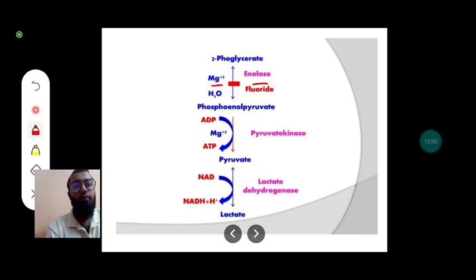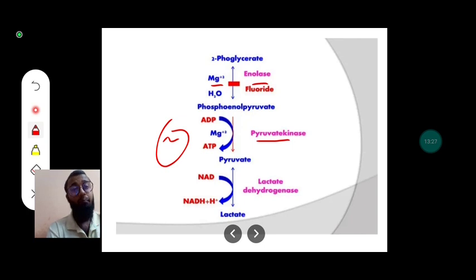The phosphoenol pyruvate is then converted to the last product, or you can call the second last product in the anaerobic reaction, but the last product in the aerobic reaction. And here is the second reaction of substrate level phosphorylation, and the phosphoenol pyruvate is converted into pyruvate by the enzyme pyruvate kinase.